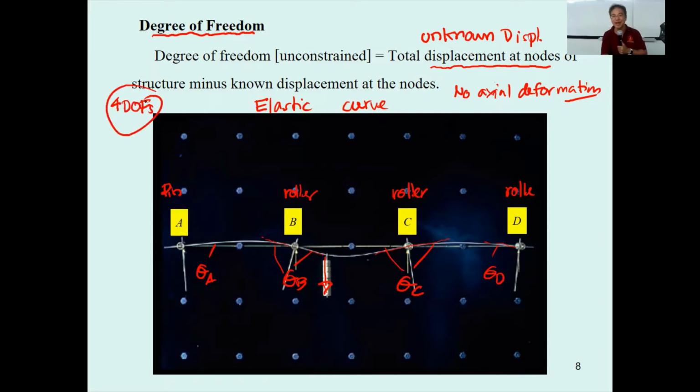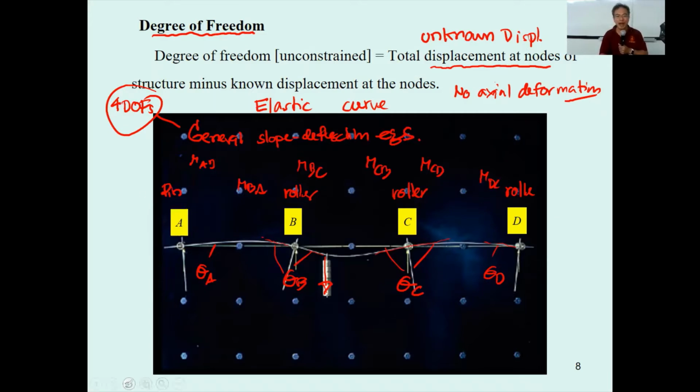If you analyze this structure based on the general slope deflection equation, you will have 4 degrees of freedom. That means you're going to have M sub AB, M sub BA, M sub BC, M sub CB, M sub CD, and M sub DC.